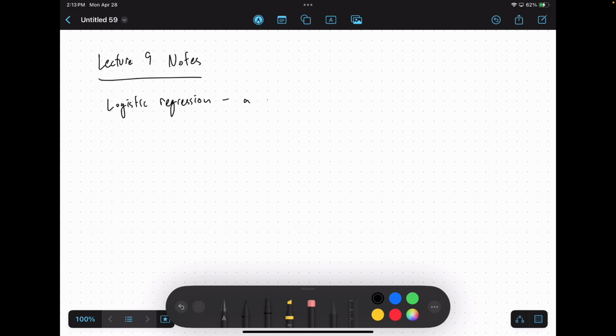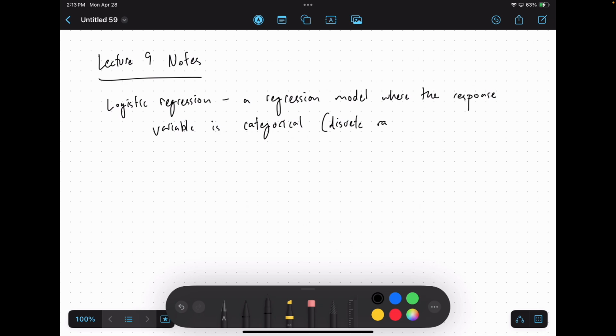Okay, and so this is a regression model where the response variable is categorical. So discrete rather than continuous.